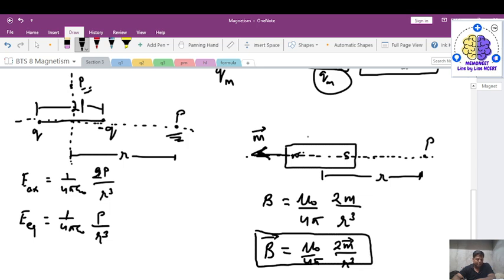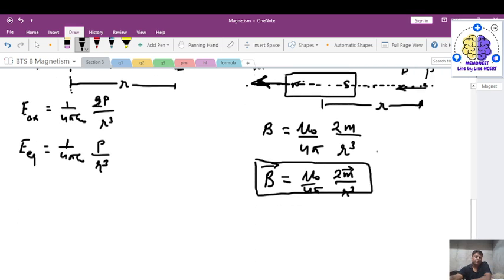If this is the direction of the magnetic moment, then the magnetic field intensity at this point, the B vector, will be in the direction of the magnetic moment. Now this is for the axial point.